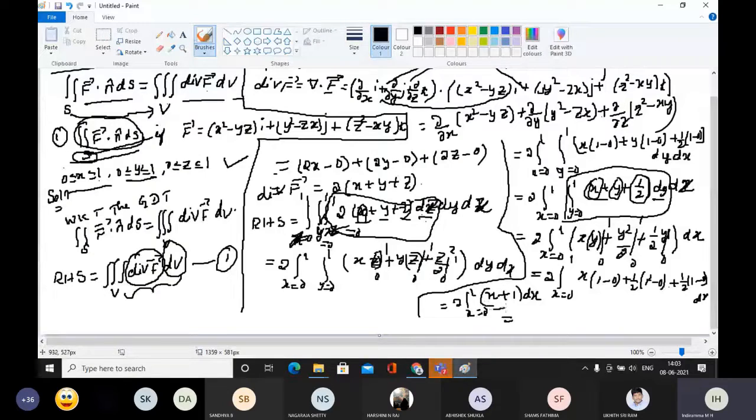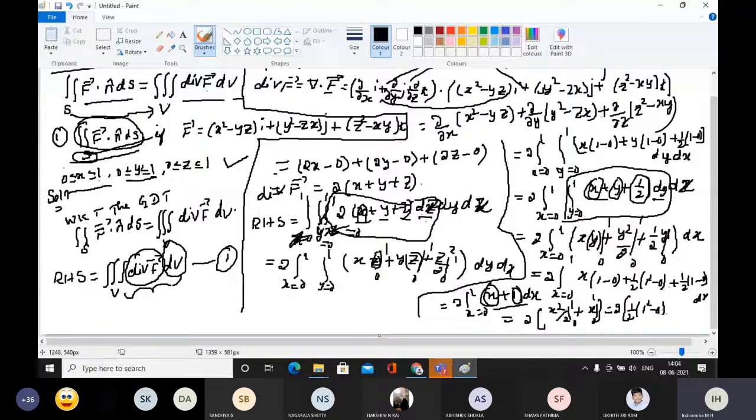What is the integration of x with respect to x? x square by 2. Plus the integration of 1 with respect to x, x. Limits 0 to 1. So 2 into 1 by 2, upper limit is 1 square, lower limit is 0 square, plus upper limit is 1, lower limit is 0.